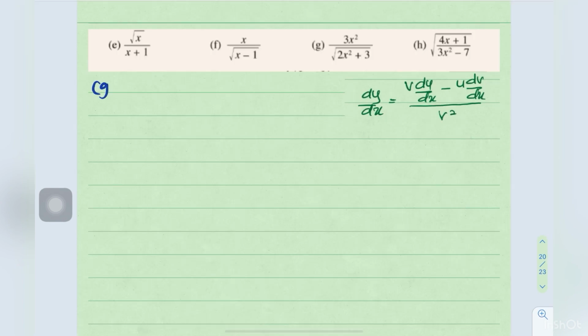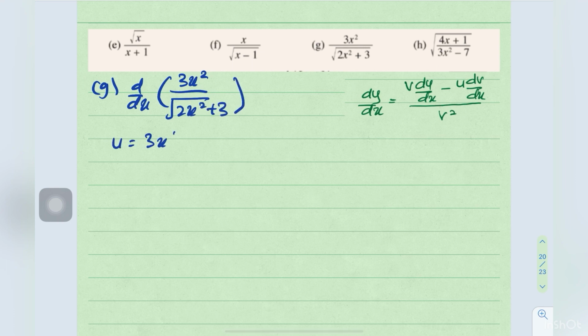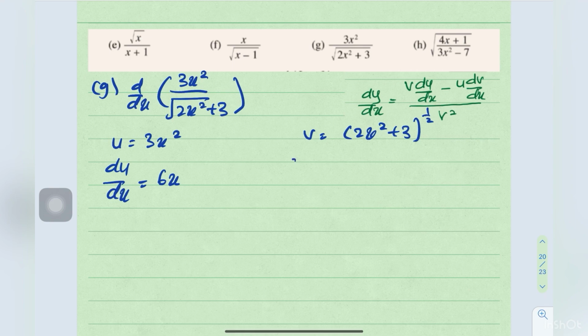Now d/dx of 3x squared over the square root of 2x squared plus 3. Okay, so u is 3x squared, du/dx is 6x. v is (2x squared plus 3) to the power of 1/2, so dv/dx is 1/2 times (2x squared plus 3) to the power of negative 1/2.